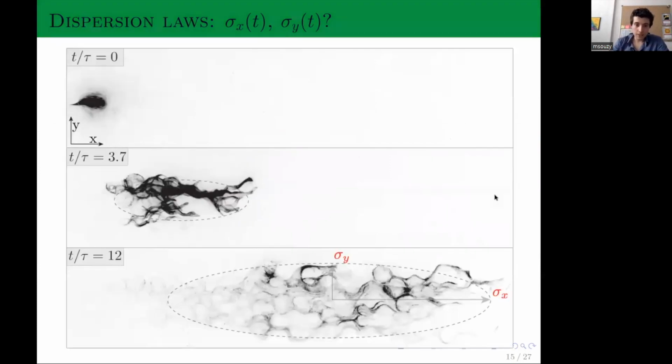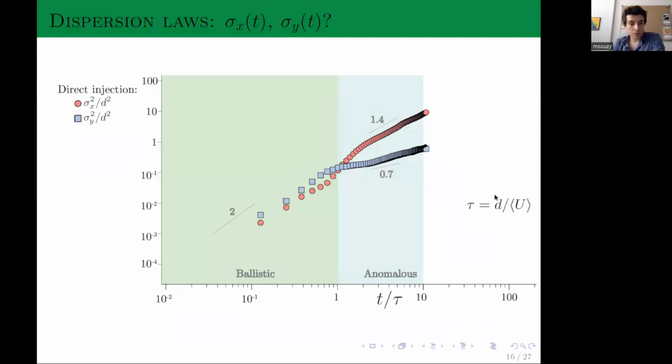And here, the question that we're interested in is to quantify the evolution of sigma x and sigma y, which will characterize typically the size of the envelope of dispersion, while the cloud is pushed within the porous media.